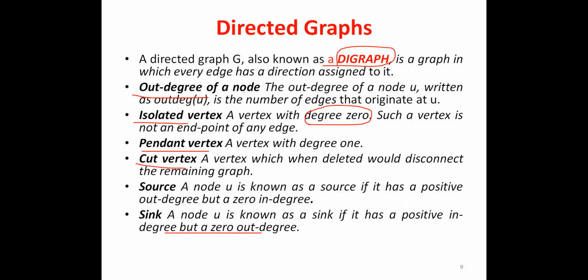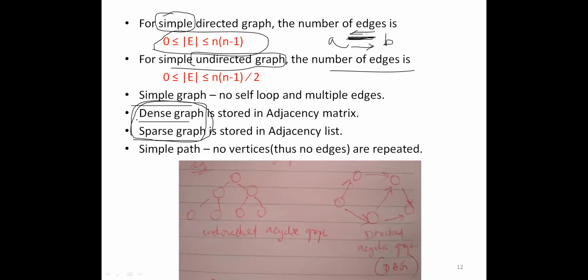And how will the dense graph be used? If you want to store a dense graph, we'll go for an adjacency matrix. If in your graph there are more edges, which kind of data structure will you use? How are you going to store the nodes as well as edges in your computer memory?